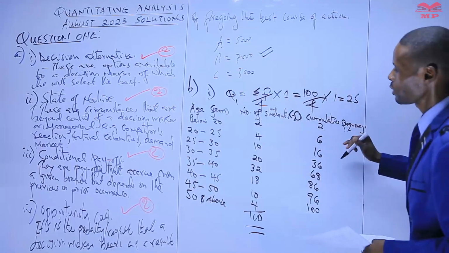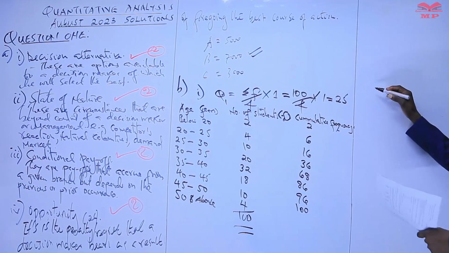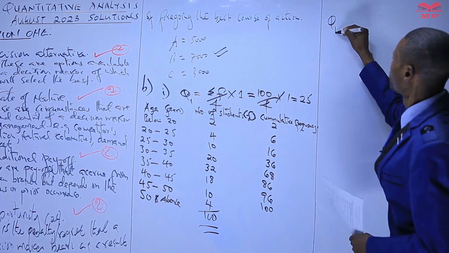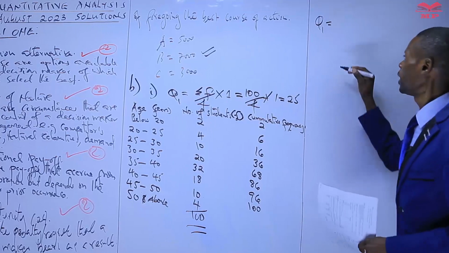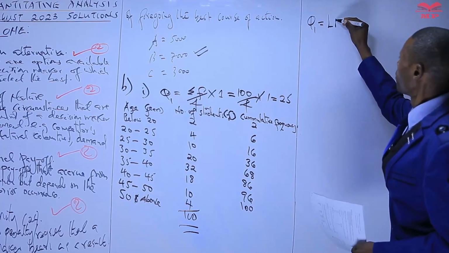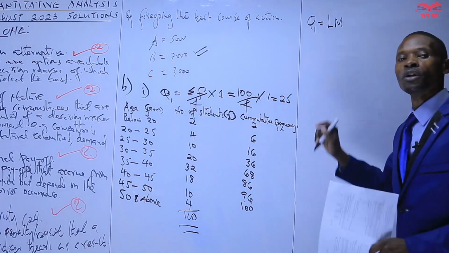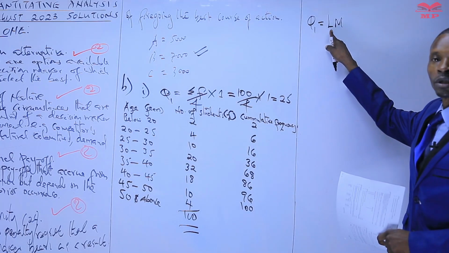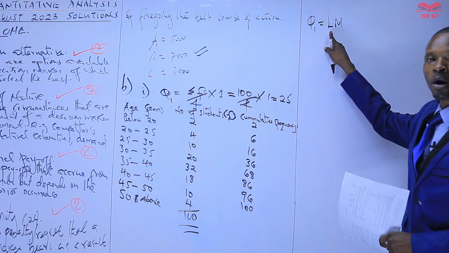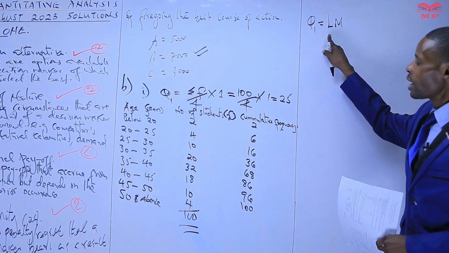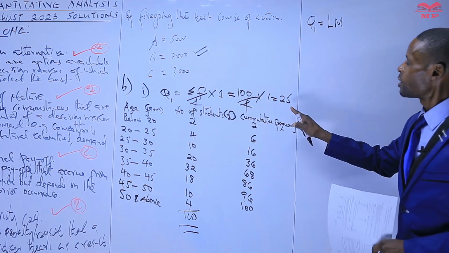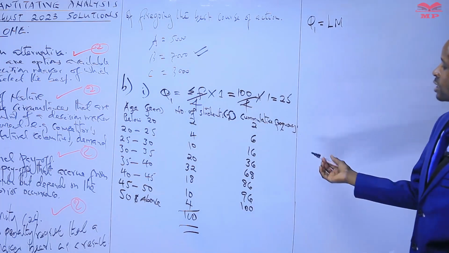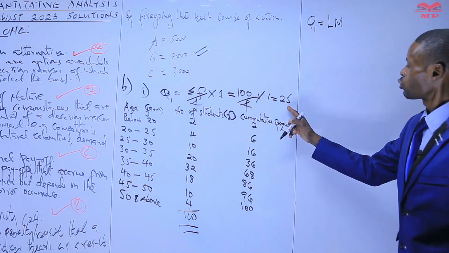So how do we get quartile 1? Quartile 1 is gotten by L, that means the lowest boundary, in respect to that particular quartile 1. So in this case, I have my quartile position, 25.